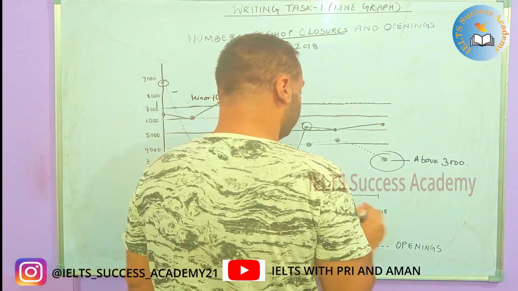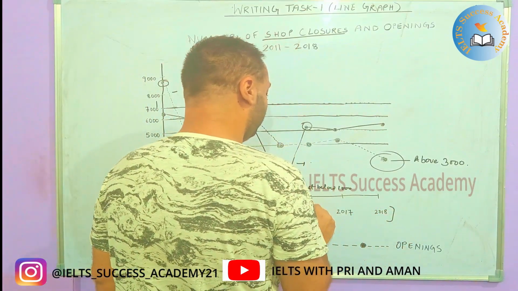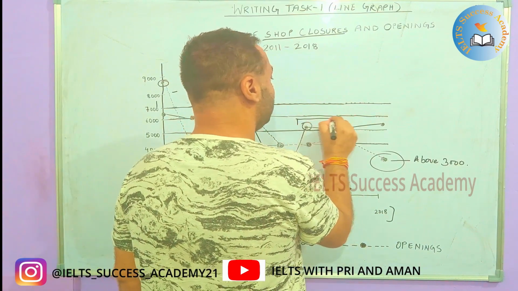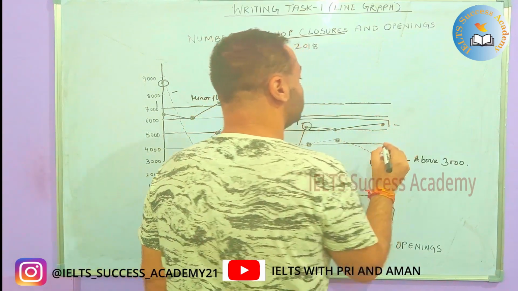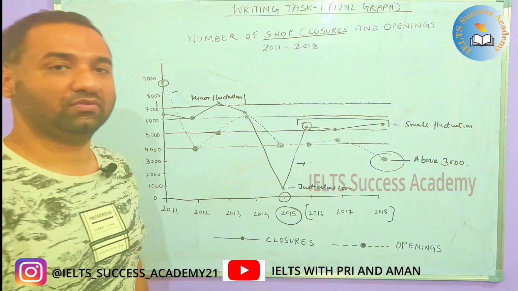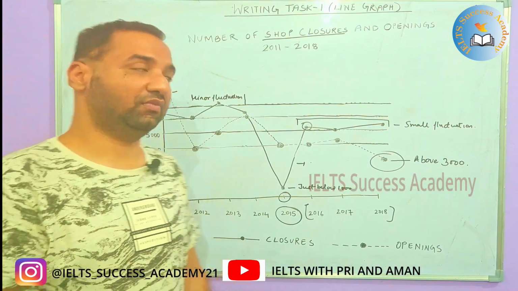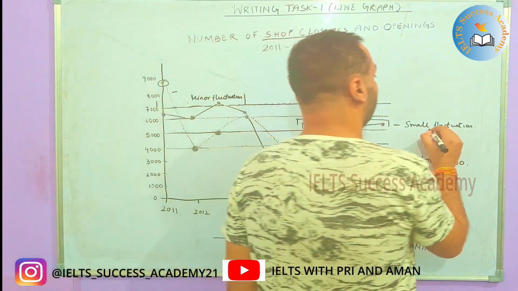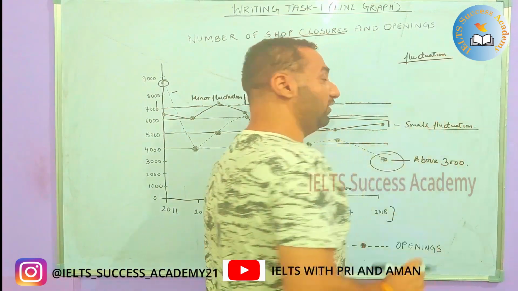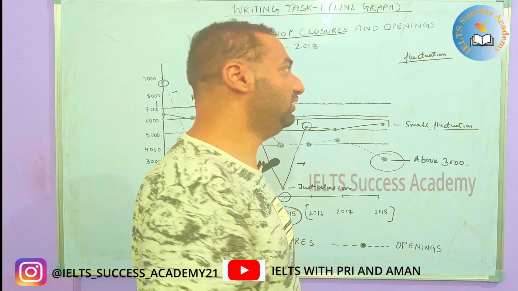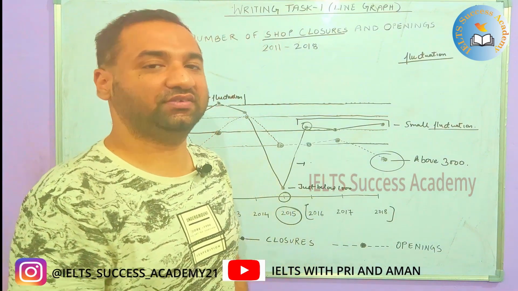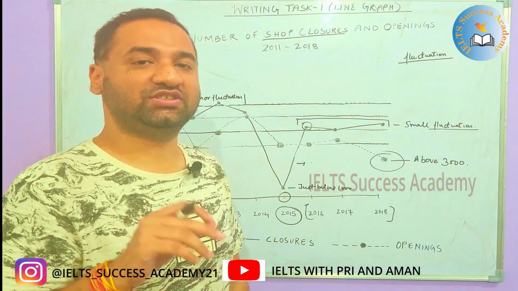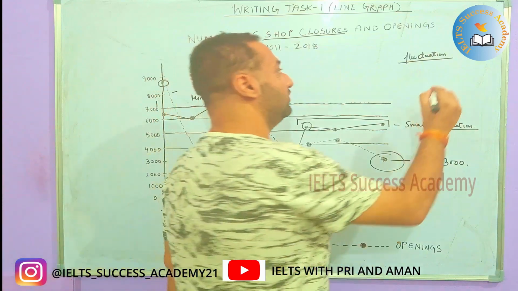But from the years 2016 to 2018, we see another small fluctuation. I have used the term fluctuation in this graph a lot. A fluctuation is variation or small changes.